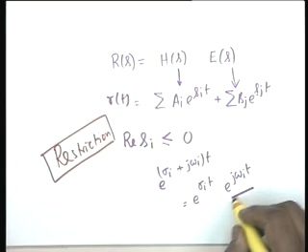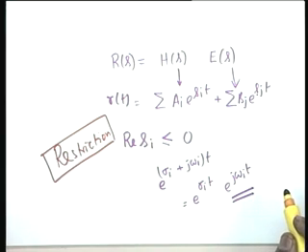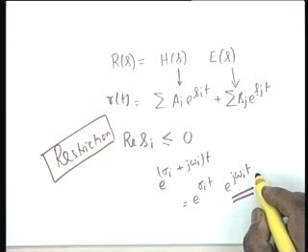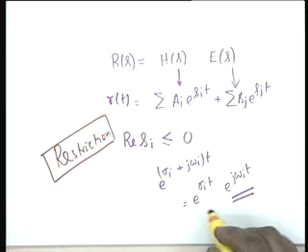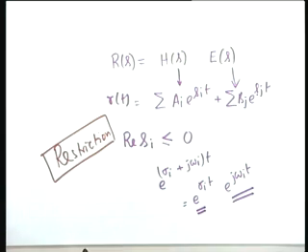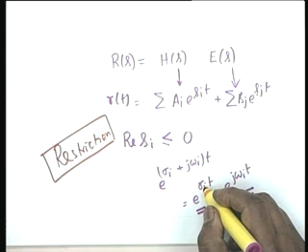Now this is oscillatory, as you know, it contains sine and cosine, cosine omega I t plus j sine omega I t.